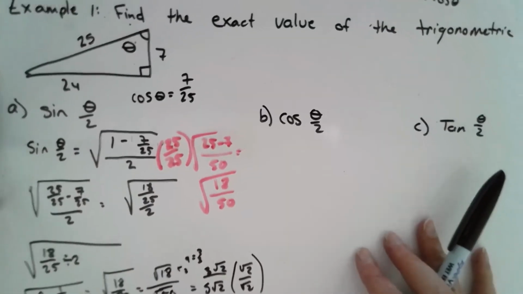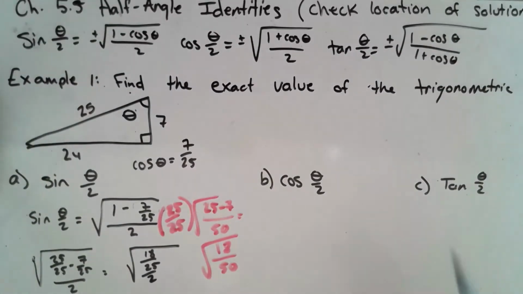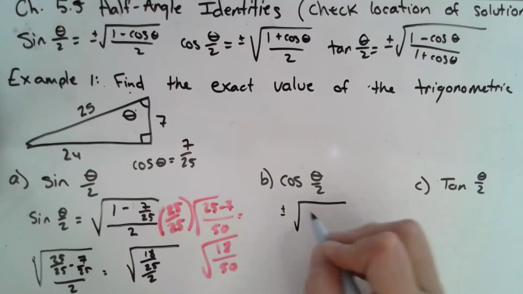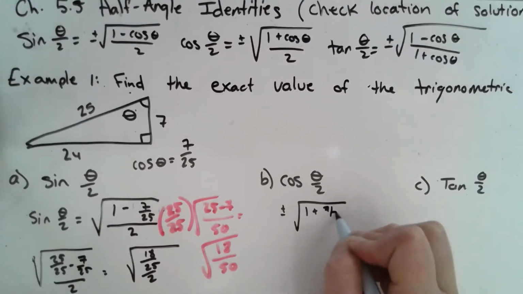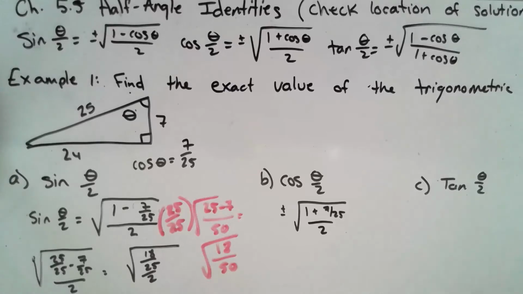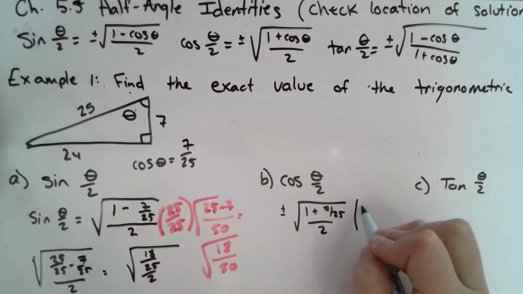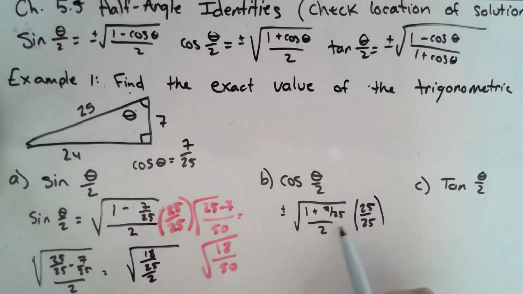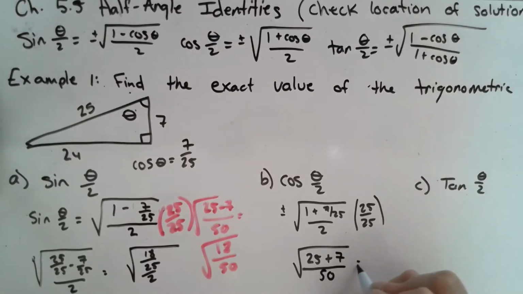Okay, let's do cosine. So cosine is going to be plus or minus the square root of 1 plus 7/25 over 2. So I'm going to use my shortcut method. I'm going to times this by 25 over 25. So I'm timesing the top fraction, the numerator by 25, and the denominator by 25. 1 times 25 is 25, plus 7/25 times 25 is 7, over 2 times 25 is 50. 25 plus 7 is 32. So square root of 32 over the square root of 50.